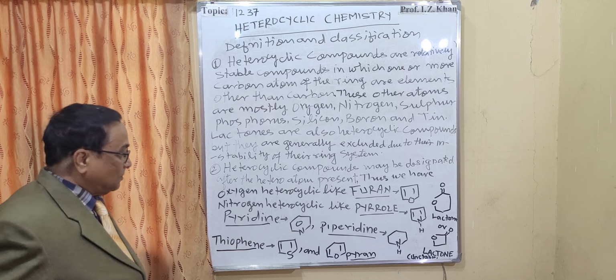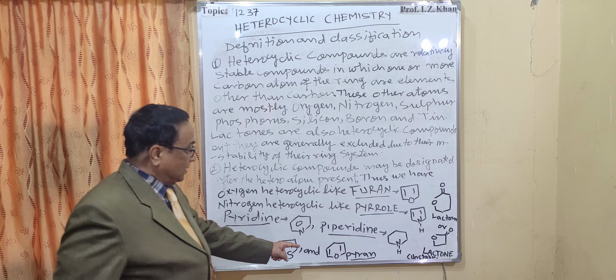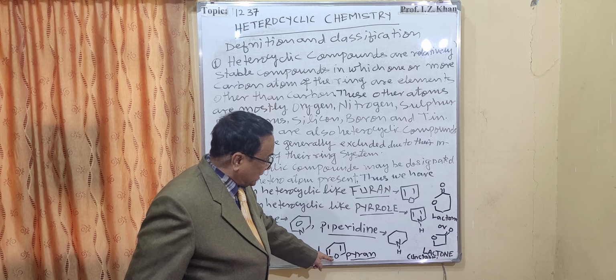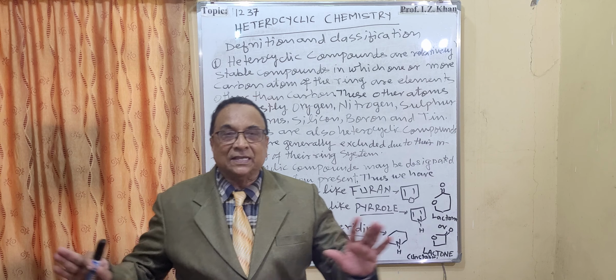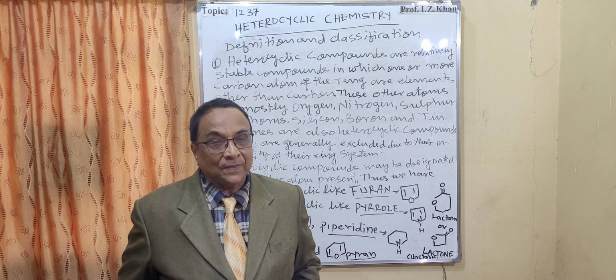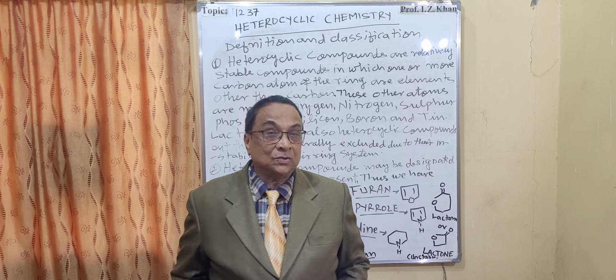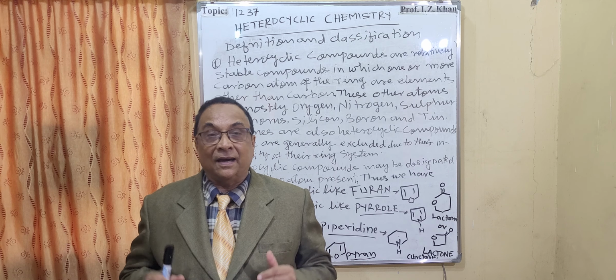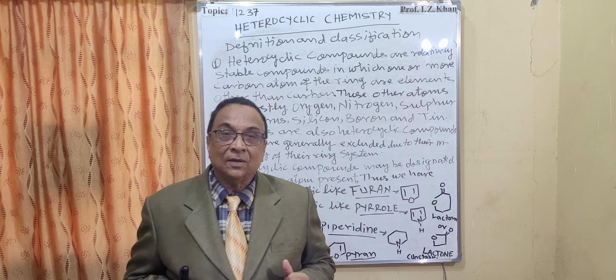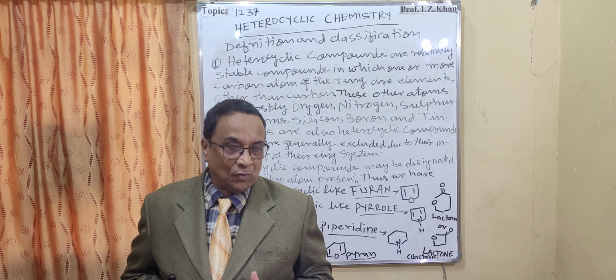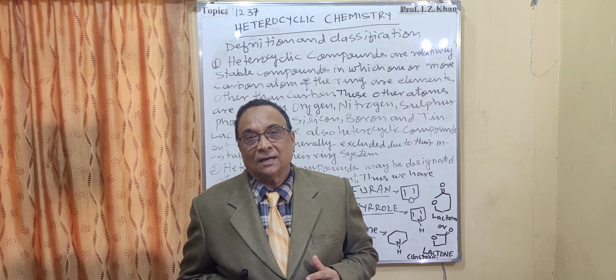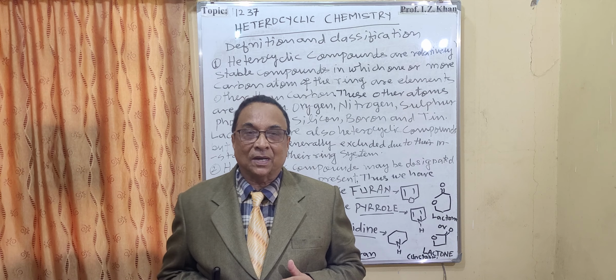And if 6-member, where one of the carbons is substituted by oxygen, then it is called pyran. So in this way, these are all different types of heterocyclic compounds, and they are designated or named on the basis of heteroatom, and I will be discussing one by one their preparation and physical and chemical properties.